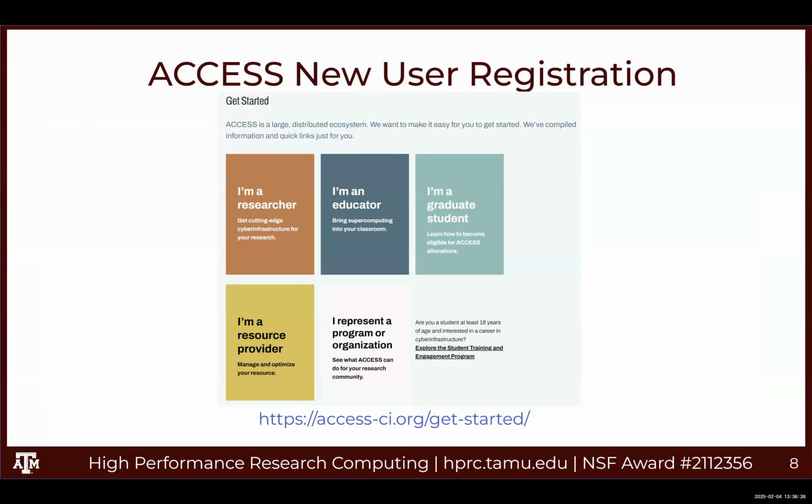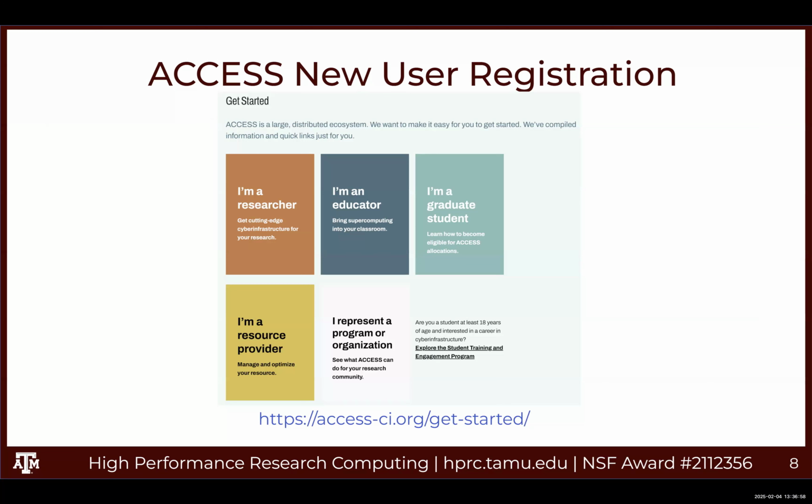And when you look for the new user registration, again, on the getting started page, there are some different things here for different people. So there's things on access that is for researchers, things that are more pertinent to educators, to graduate students, which is where we would fall, but there's also information for resource providers and some organizations.